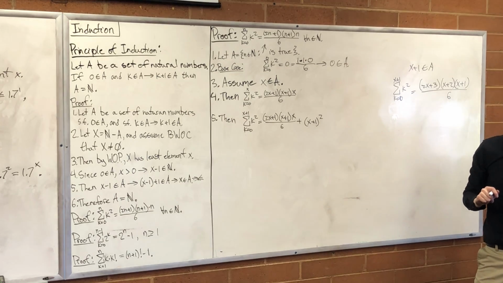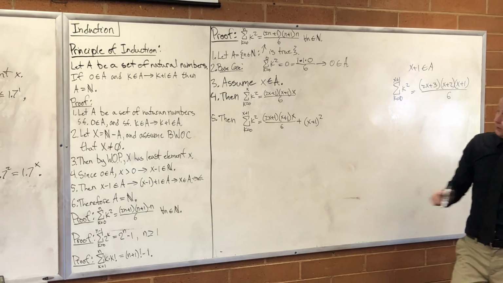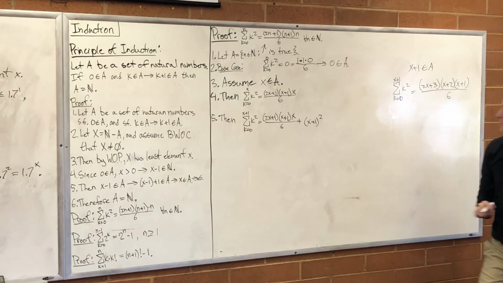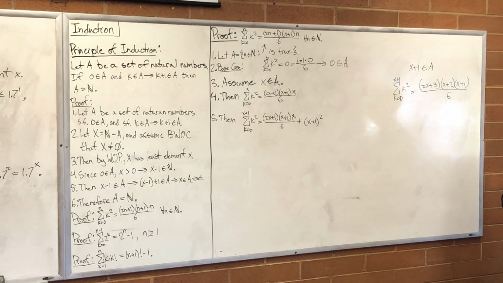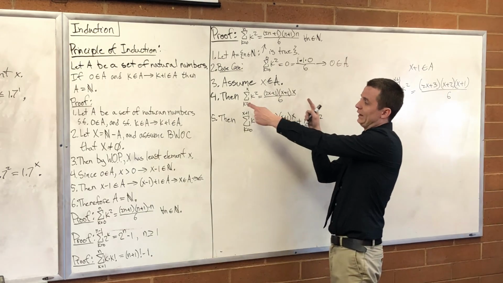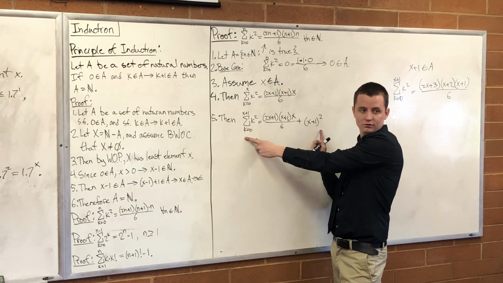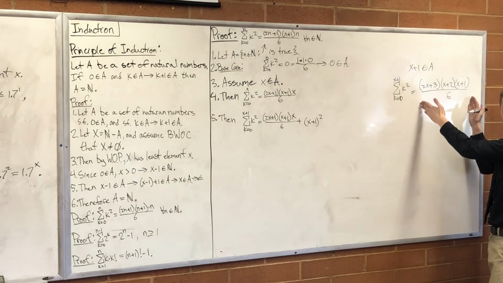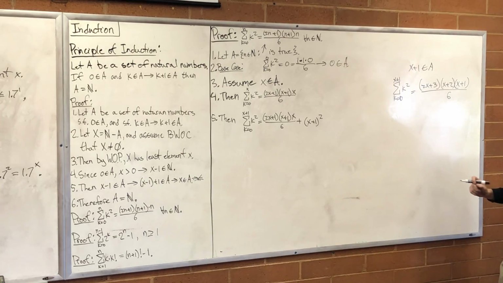Why not just x plus 1? All I did was take this and add x plus 1 squared to both sides. And now all I need to do is show that this is actually the same thing as this, and we're done.